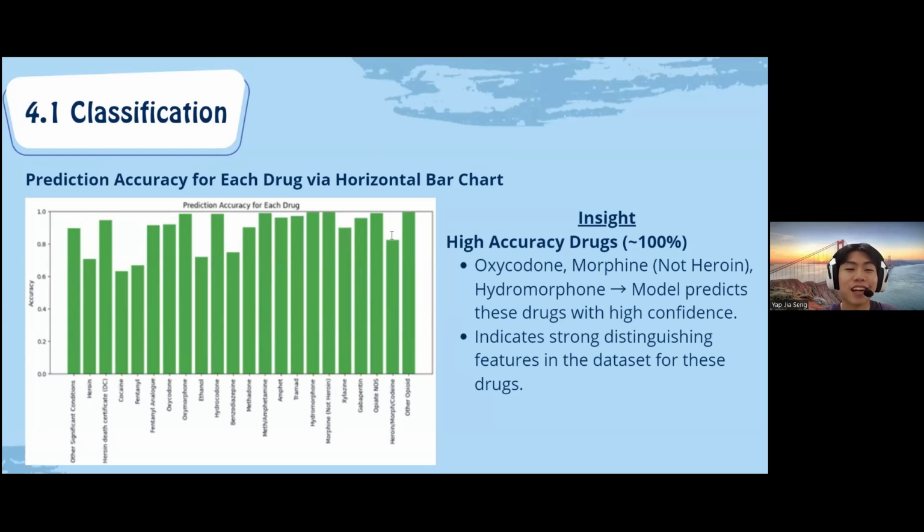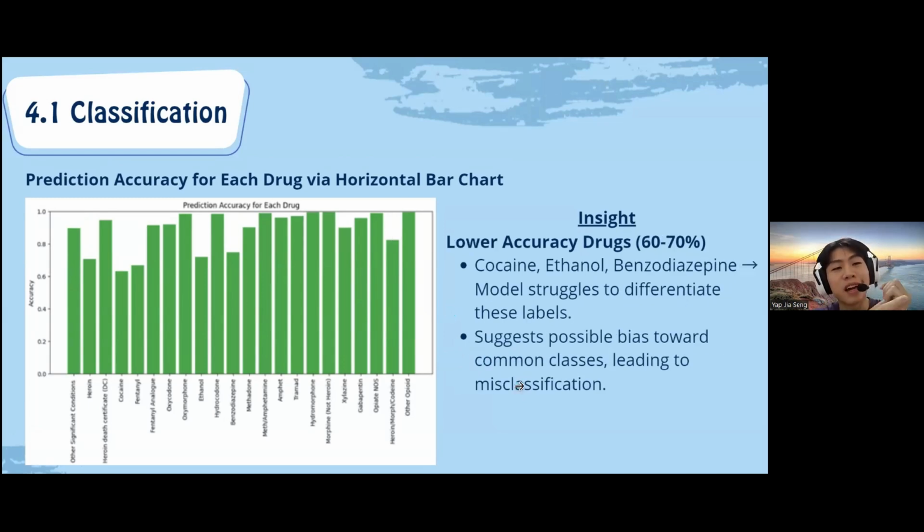This suggests that these drugs have strong distinguishing features in the dataset, making them easy for the model to classify. Low accuracy drugs such as cocaine, ethanol, and benzodiazepine show noticeably lower accuracy. This suggests that the model struggles to differentiate these drugs, possibly because of overlapping features or bias toward more common drug classes, leading to misclassification.